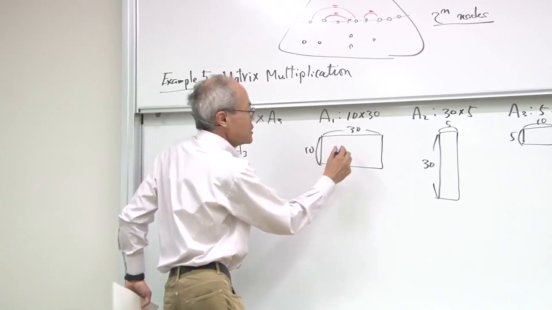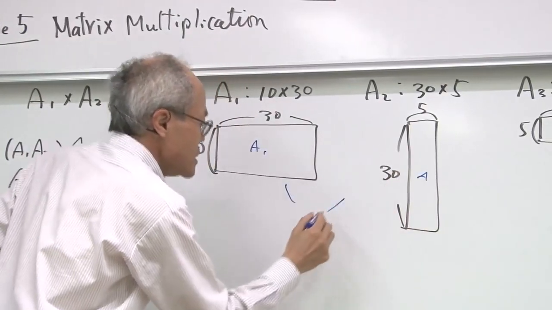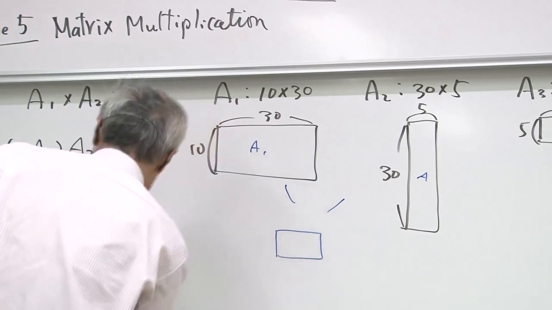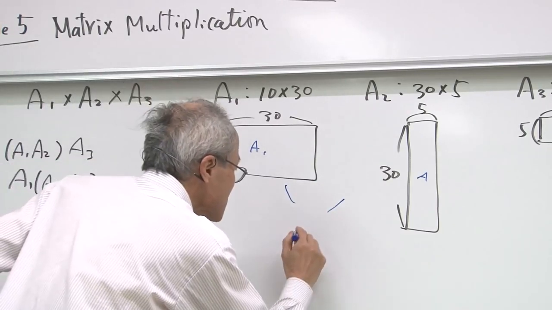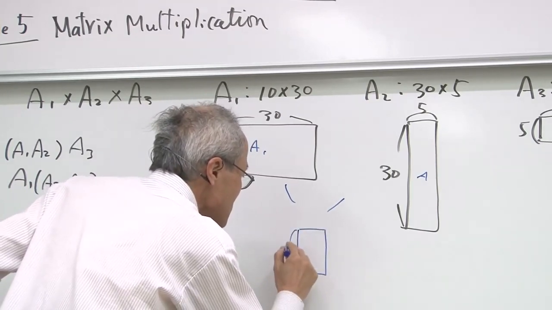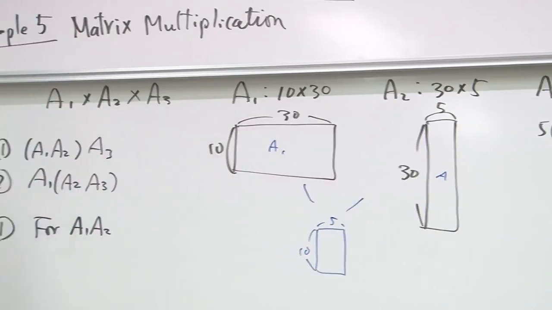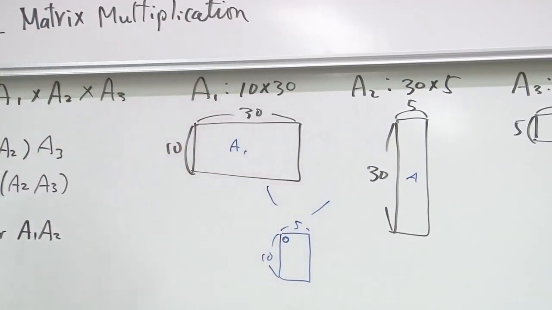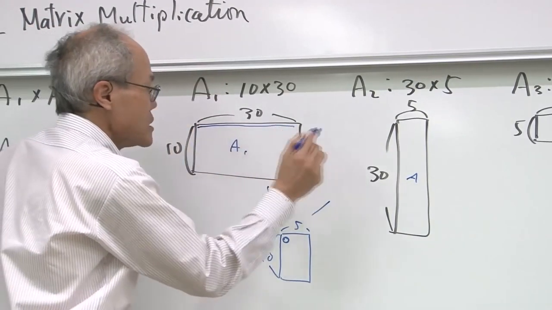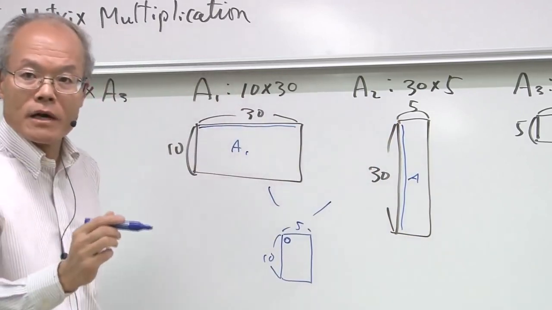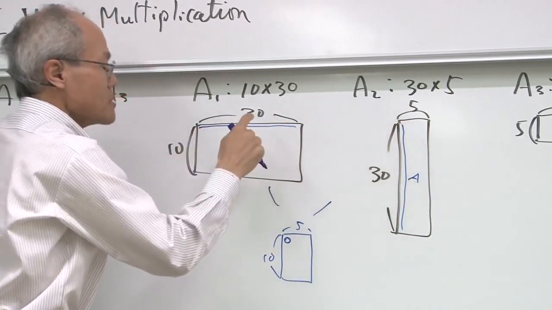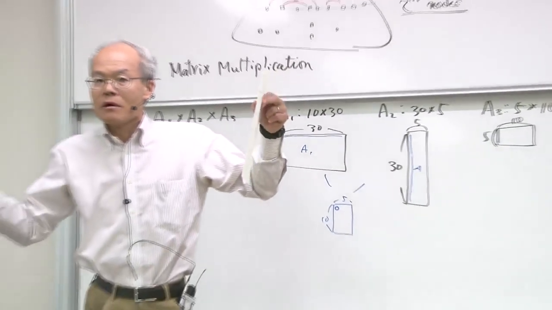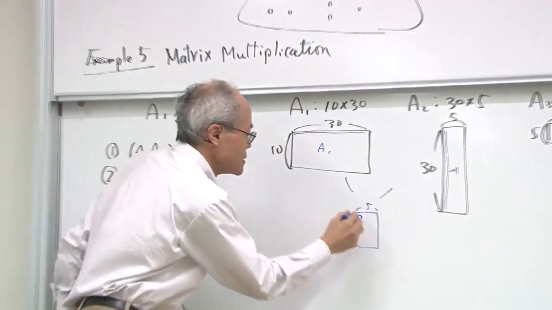We multiply A1 and A2, and the resulting matrix is 10 by 5. What is the value of this entry? It is the multiplication of this row and this column: we multiply the corresponding numbers and then take the sum of all those values. Then you can get this value.